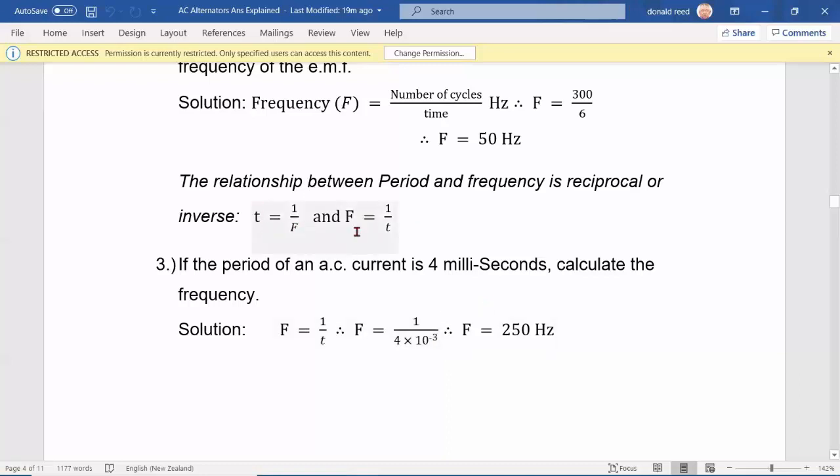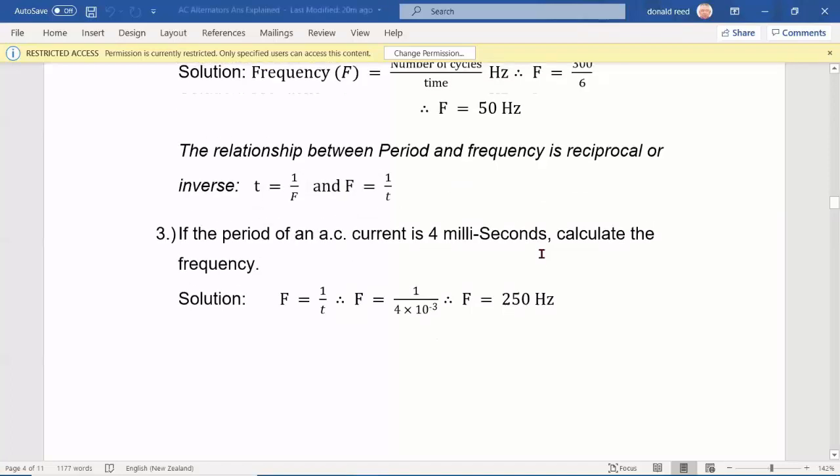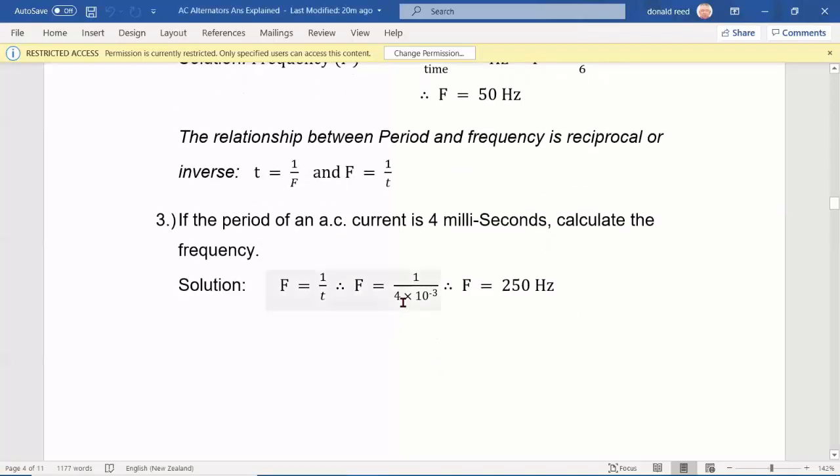Using that formula there, our frequency is 1 divided by the time. The time is 4 milliseconds, 10 to the minus 3.